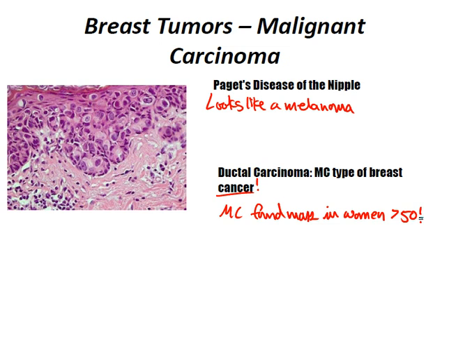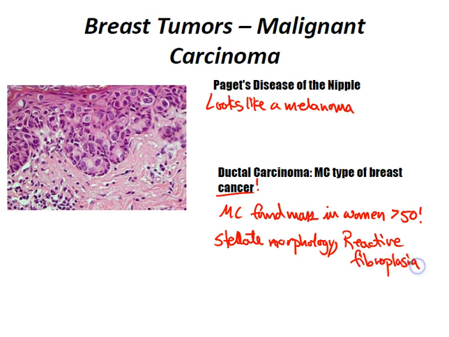Histologically, these are tumor cells that form bunches of ducts, cords, islands, and glands that are embedded in a dense fibrous stroma. The gross appearance may be a gray-white tumor with stellate morphology, reactive hyperplasia or fibroplasia, which is desmoplasia that leads to gritty induration.